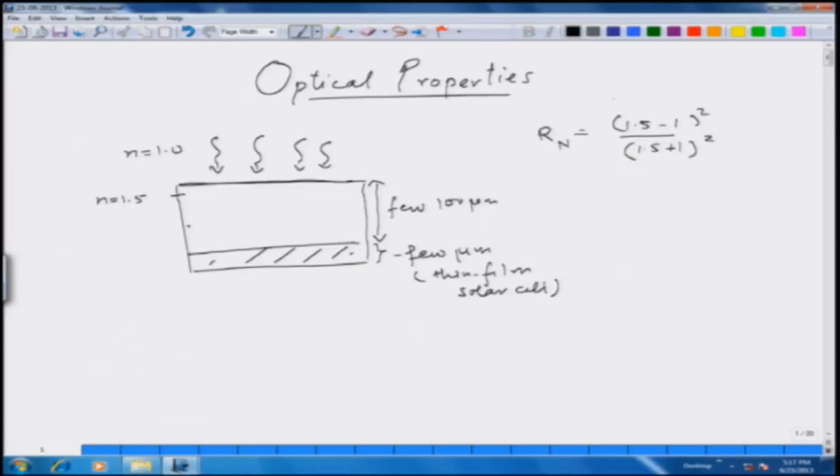This is what we did in the last lecture. This basically comes from normal incidence and can be shown to be this for both polarizations.